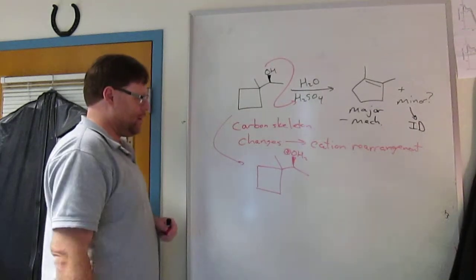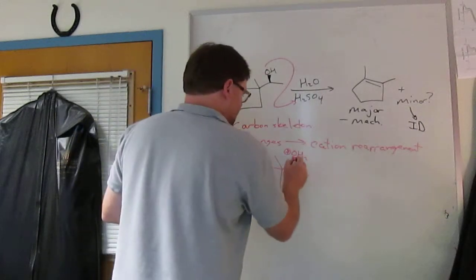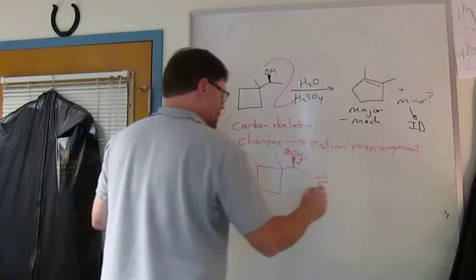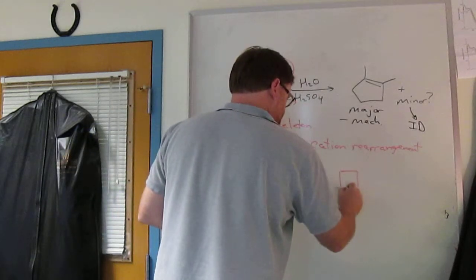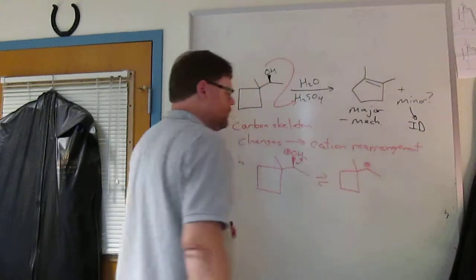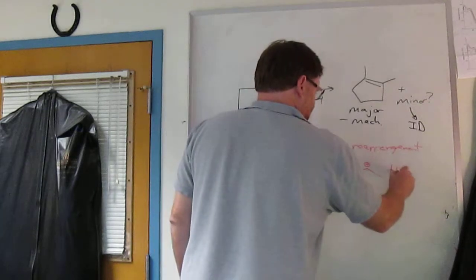So we have protonated, or alkylated, water basically. And now, to make our cation, the water leaves. These are all reversible reactions. So there's the carbocation, and we also have water.